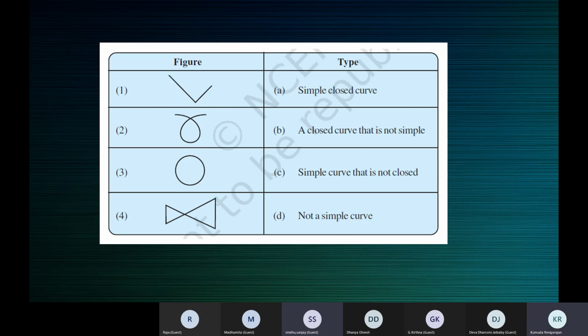Okay. Now, children, do one thing. Write your answers, and if possible, take a picture and send it on WhatsApp. Let me see that, because B, D all sounds the same to me.